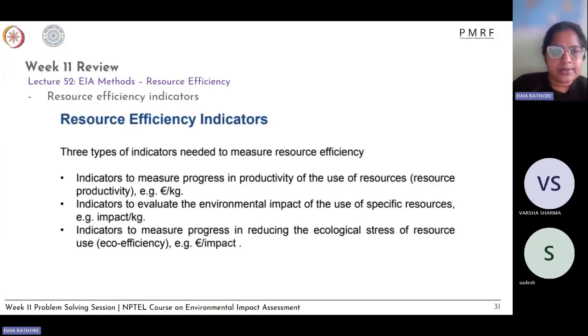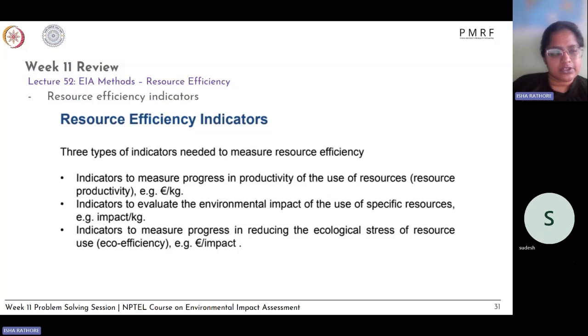So certain indicators are used for resource efficiency. We have three types of indicators. The first indicator measures the progress in productivity of the use of resources, in terms of, let's say, rupee per kg or euro per kg. The second evaluates the environmental impact of the use of specific resources, so impact per kg, that is this much carbon emissions per kg of material which was used.